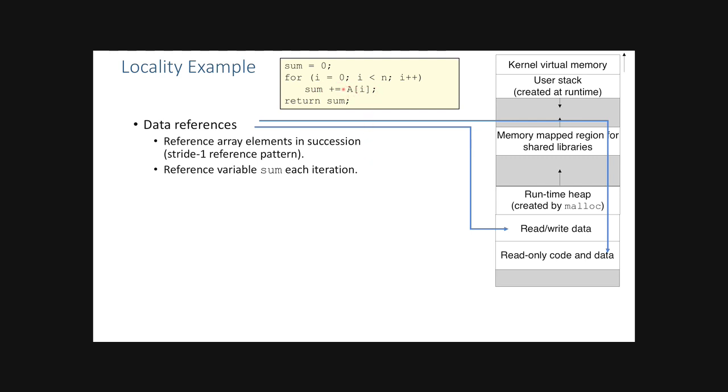So we've got our array A, and we're starting at A0, and we're incrementing the index here and accessing every element in the array. We call this a stride 1 reference pattern because we're going successively one element in the array after the other.